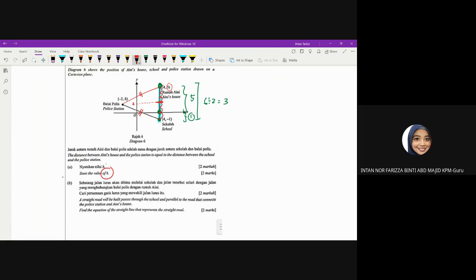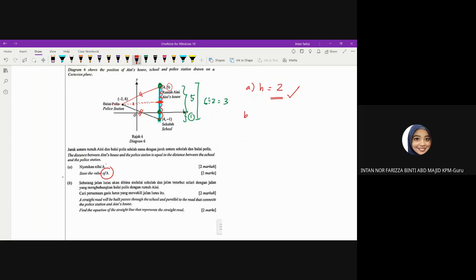You see, 6 there, 6 divided by 2, each part will be 3. If I extend the line, you notice the police station and the midpoint lie on the same horizontal line. It means the value of our H is equal to 2. As simple as that.